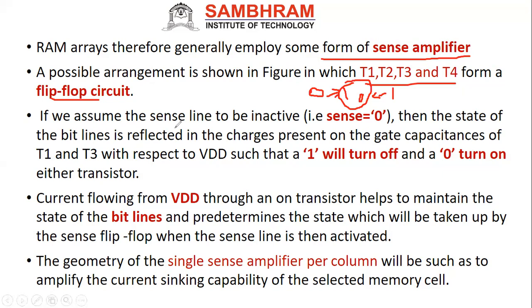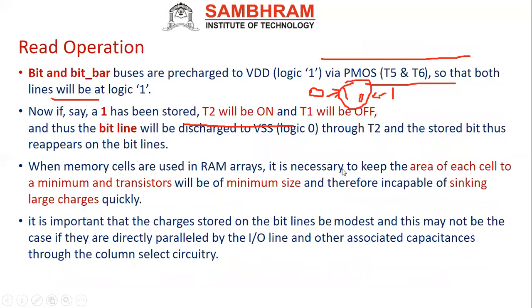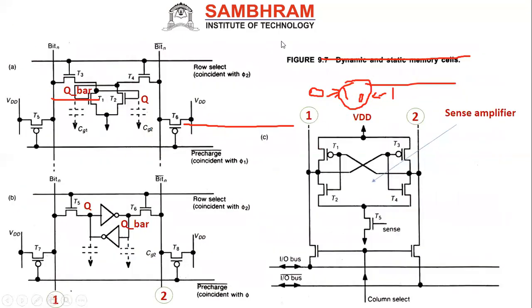Now assume that the sense line is inactive, which means in your sense amplifier, here in your circuit, it is inactive, it's 0, so this will not be turned on. If it is not turned on, what will happen? Based on the column select, I need to select the column. Now my IO bus value, you can take as 1 and 0.